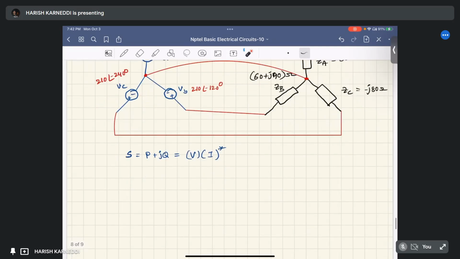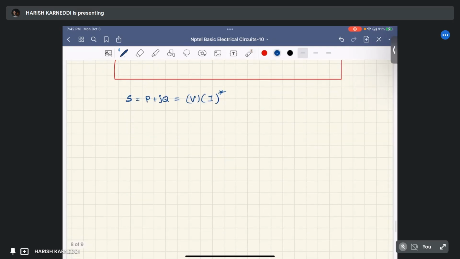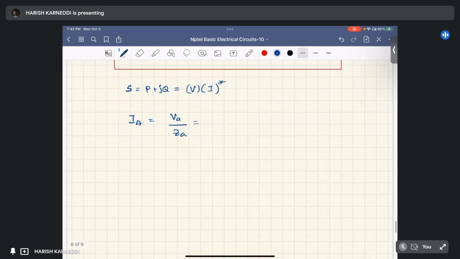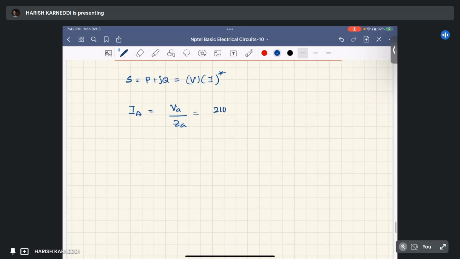VA is 210 at an angle of 0 by ZA, 80 ohm, which is equal to 2.625 at an angle of 0 degrees amperes.